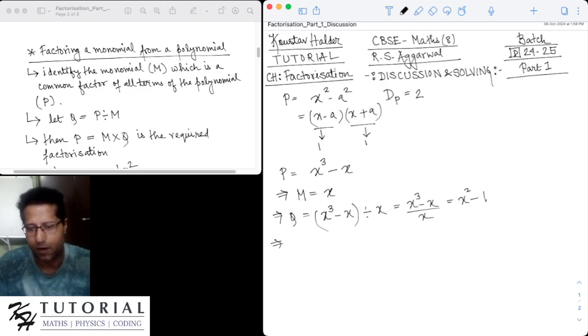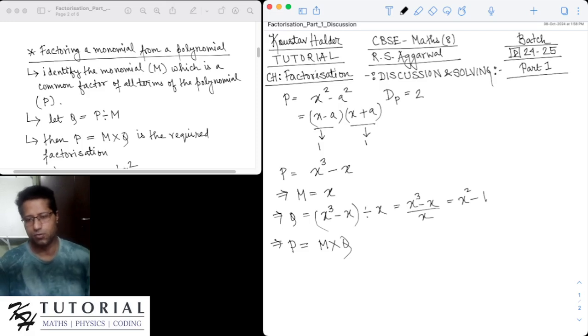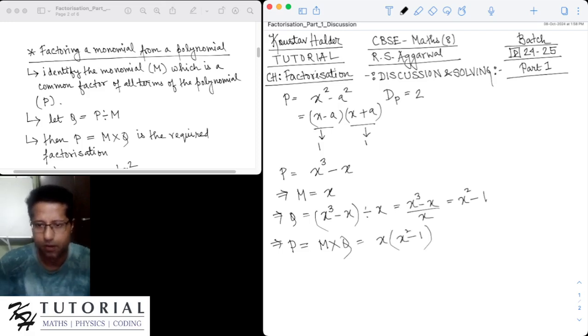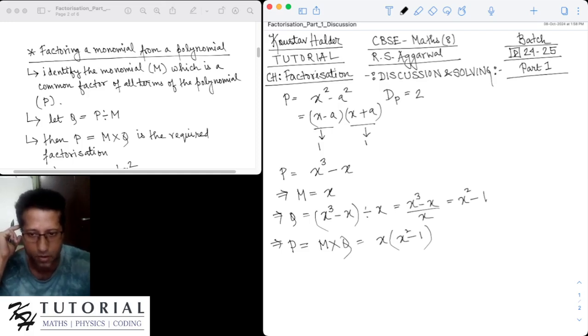Now we will have the final factorization of the polynomial p as m multiplied by q. That is, the product of m and q is the factorization of the polynomial p. For this example, m is x and q is x square minus 1, so the product x multiplied by x square minus 1 is the factorization of the polynomial p.